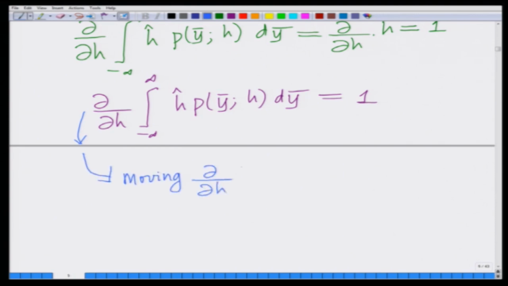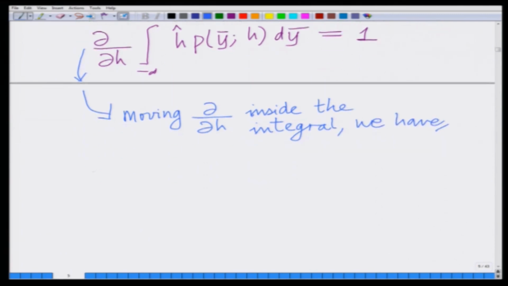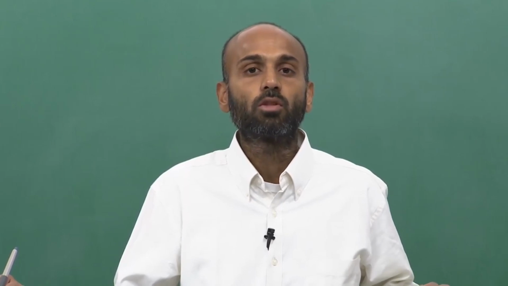Now, moving the derivative dou by dou h inside the integral, what we have is, look at this, h hat times dou by dou h of p of y bar parameterized by h dy bar equals 1, where when we move the derivative inside the integral, we do not need to consider the derivative of h hat with respect to h, because h hat is the estimator and the estimator depends only on the observations y bar.